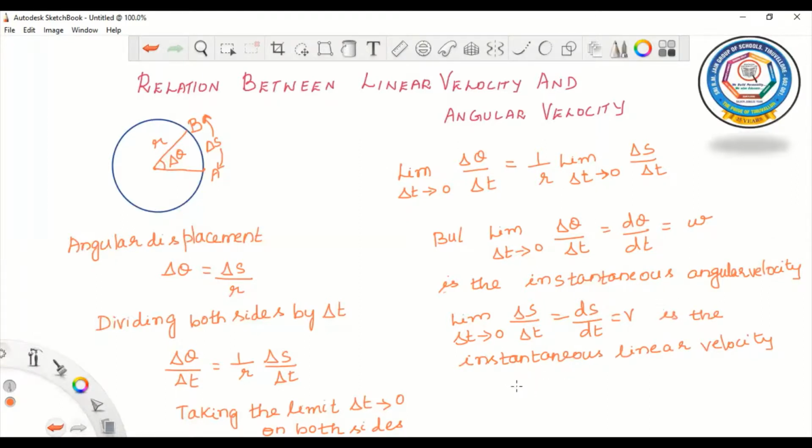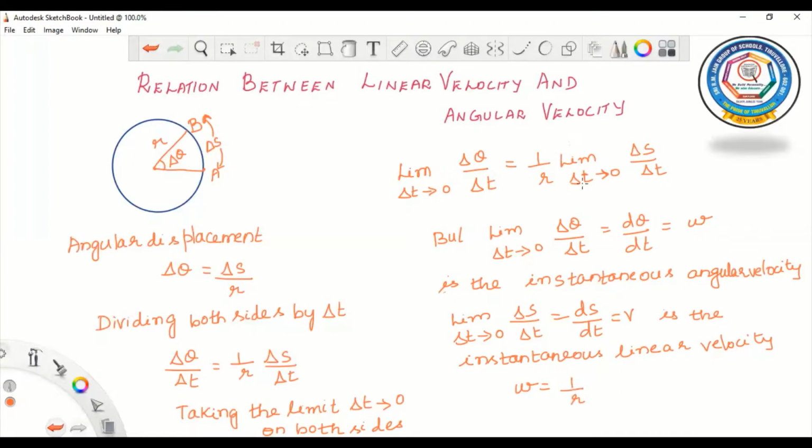So what do we have here? Del theta by del t, so this will become d theta by dt. So we can write omega, that is angular velocity, is equal to 1 by r. And again, what do we have here?